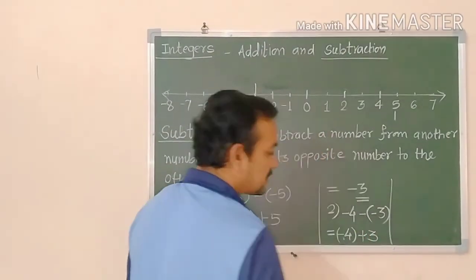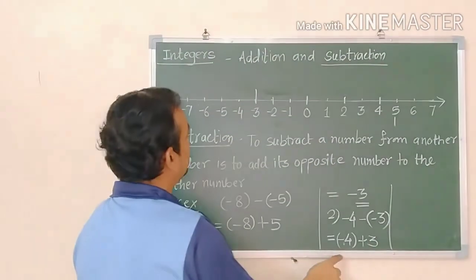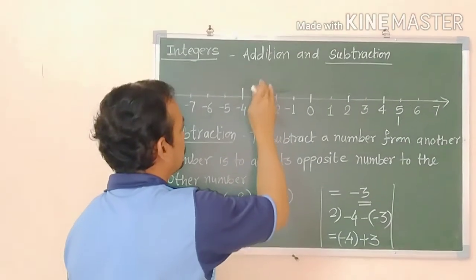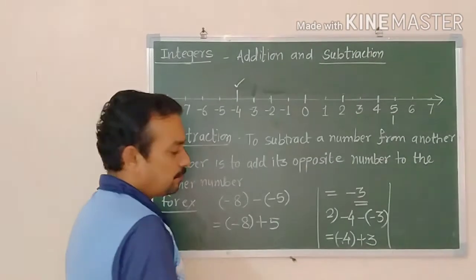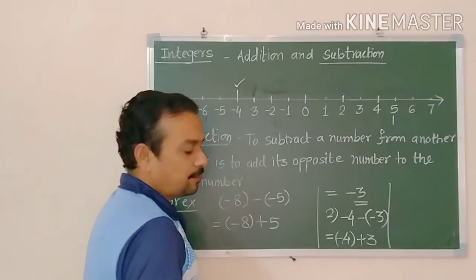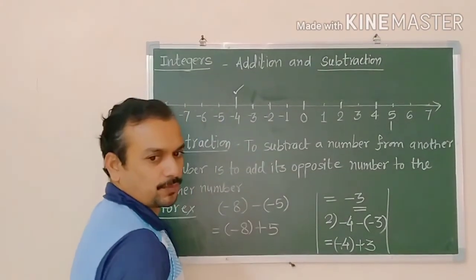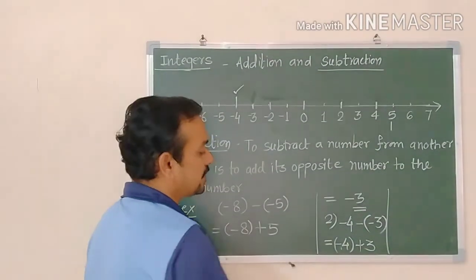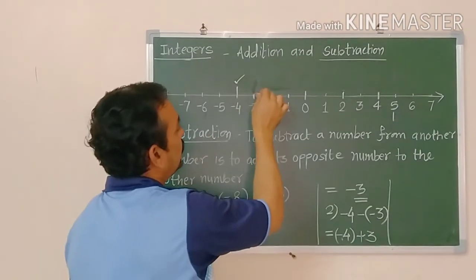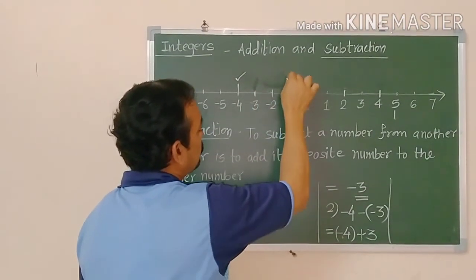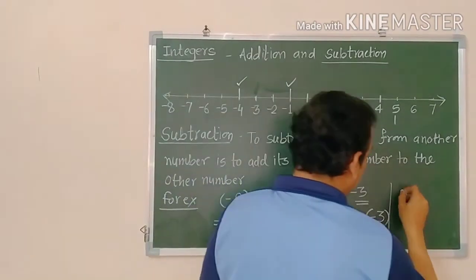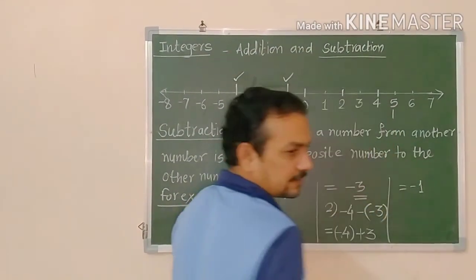Negative 4 plus 3, that means where is negative 4? Negative 4 is here, plus 3. We add a positive number, that means move forward. How many units? 3 units. Negative 4 is here. 1, 2, 3. 3 units. That means we got negative 1 as an answer. Negative 1.